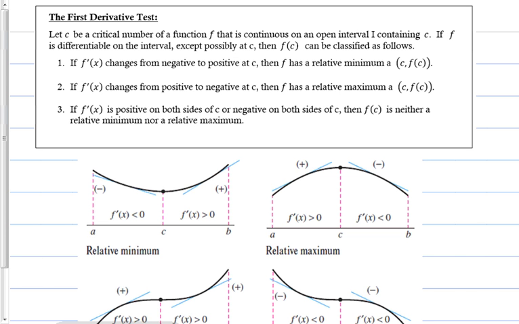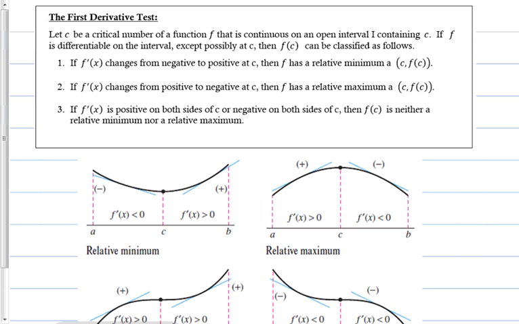If f is differentiable on the interval, except possibly at c, then f of c can be classified as follows. Remember, critical numbers are allowed to be a location where the derivative equals 0 or it does not exist. It could not exist there, but the function is still going to be increasing and decreasing to either side.